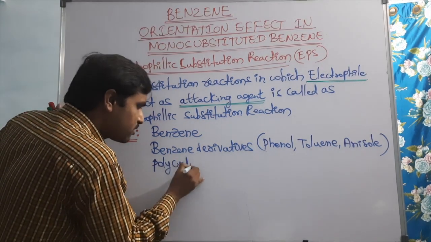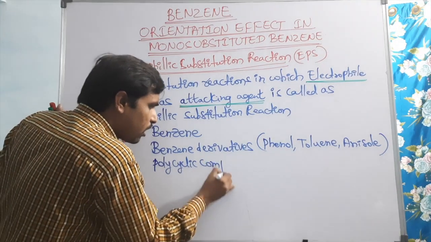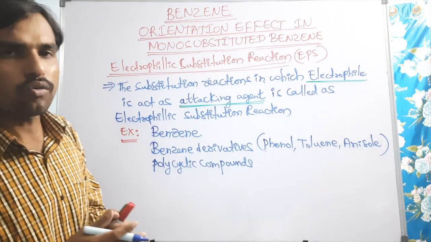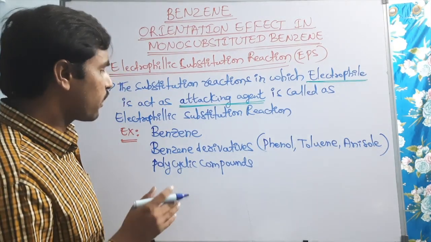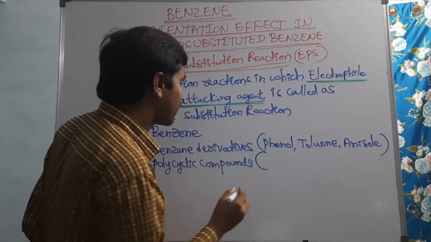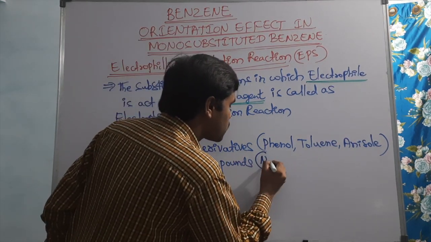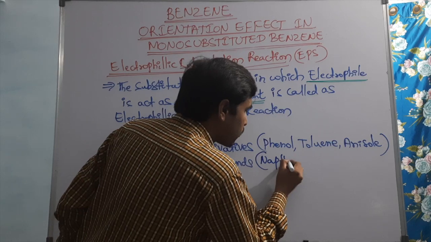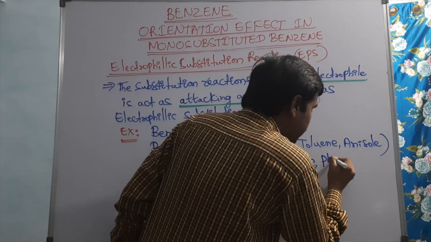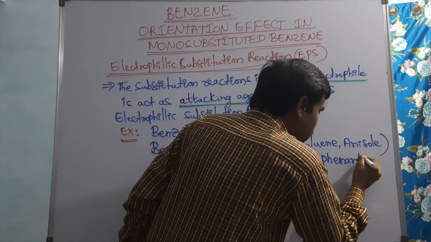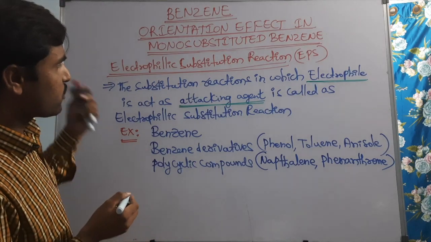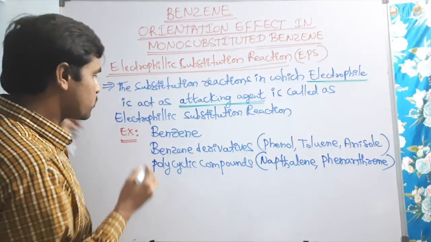Polycyclic compounds also undergo electrophilic aromatic substitution reactions. What are these polycyclic compounds? Naphthalene and phenanthrene.